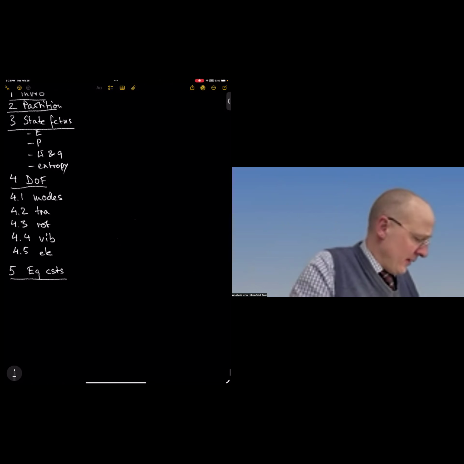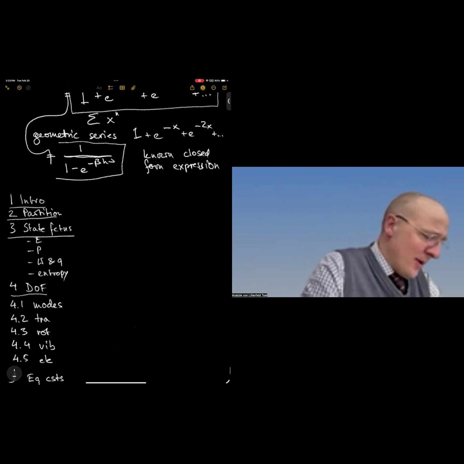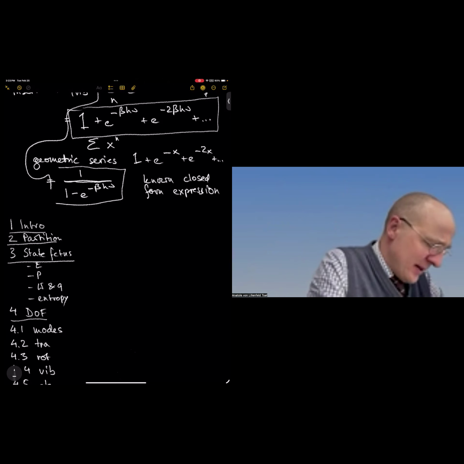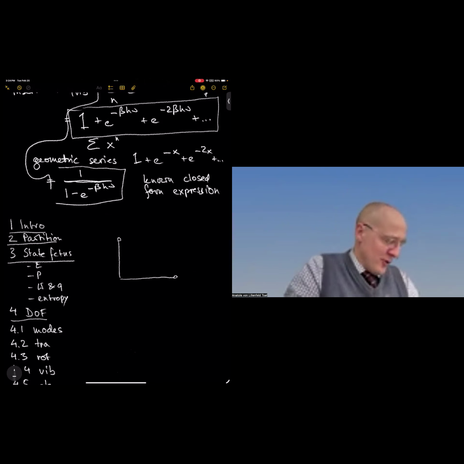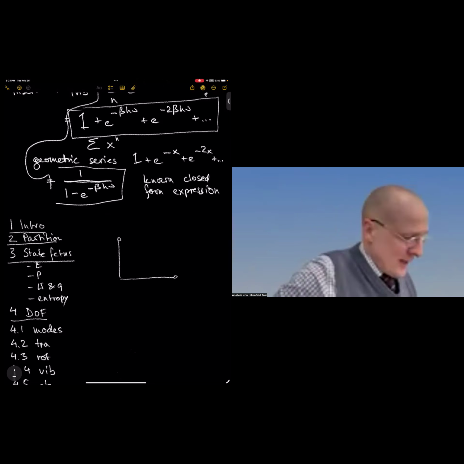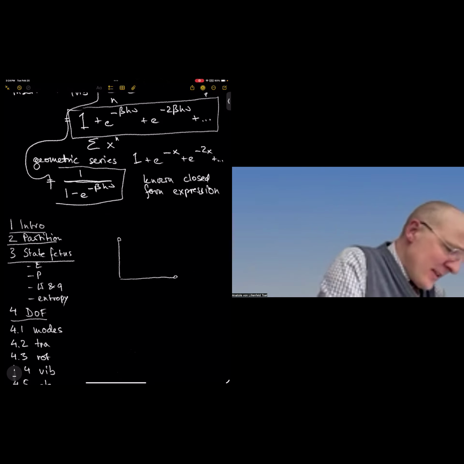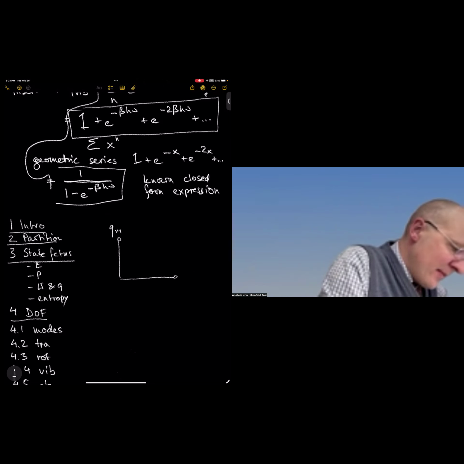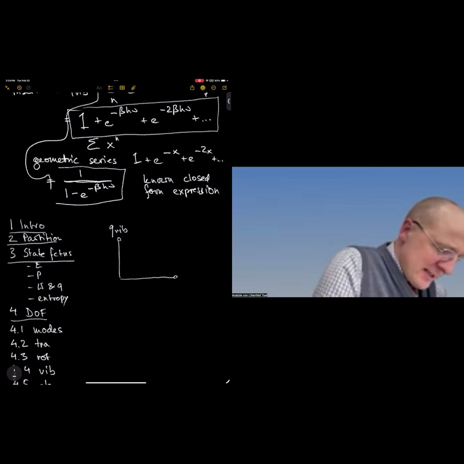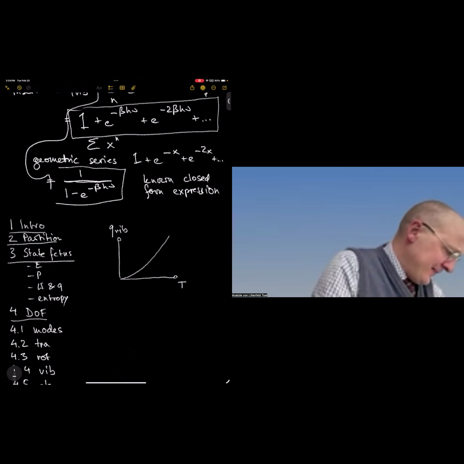Now, you can quite easily see, if you use some plotting software, or if you can do it in your head, that this Q vib with increasing temperature would start out low and become increasingly linear, right?